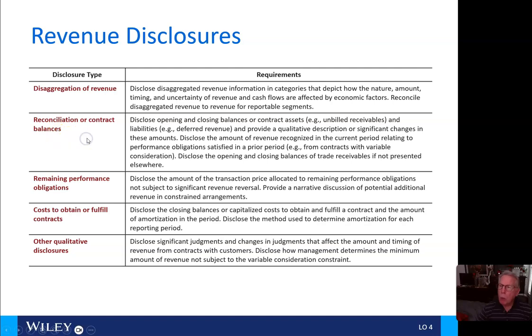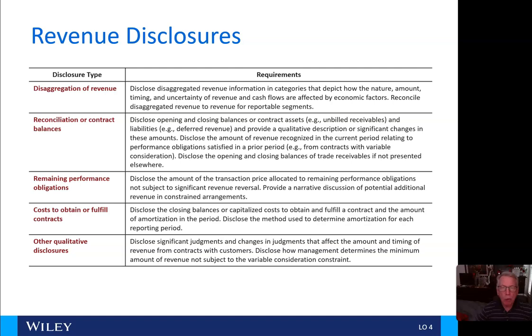Number two, reconciliation of contract balances. Here, we're going to disclose opening and closing balances of contract assets, such as unbilled receivables, and liabilities, such as deferred revenue, and provide a qualitative description of significant changes in these amounts.